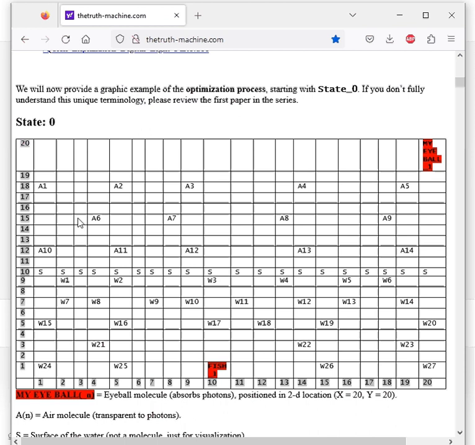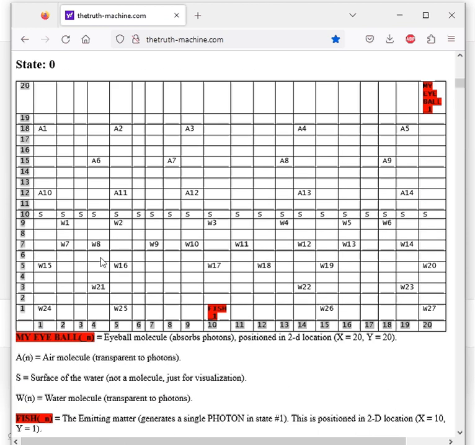The example is where there's a fish in the water, and some light hits the fish, and the light is reflected off the fish, and it goes up through the water. And this indicates the surface of the water right over here. And then it goes into the air, and then standing over the water is me, and here's my eyeball right here.